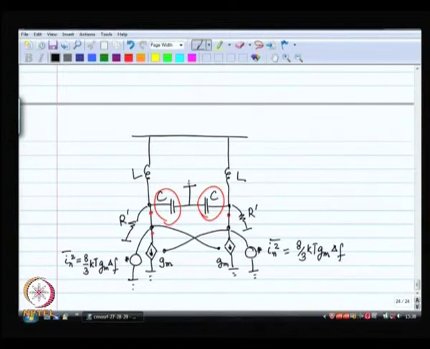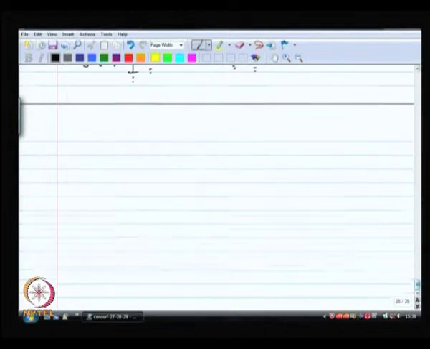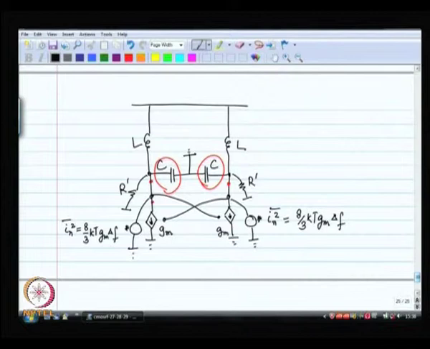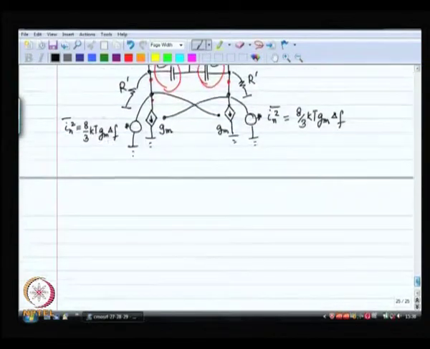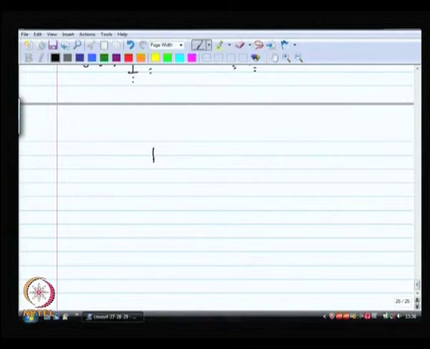Right, this is the issue that is of concern right now. So, let us redraw our circuit in a simplified manner. So, I have got L to ground, R prime to ground and C to ground.